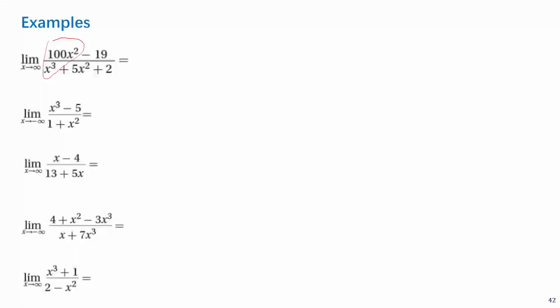So when x approaches positive infinity, the limit of this rational function is 0, because x cubed is a higher order infinity than x squared, right? Or the ratio between these two terms is 100x squared over x cubed. This will give you 100 over x. When x approaches positive infinity, this will give you 0, right?